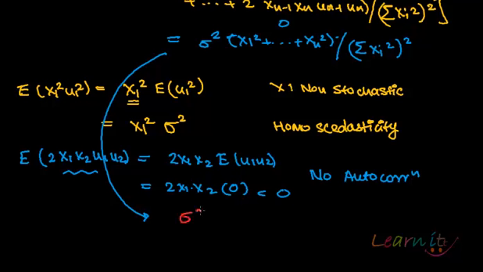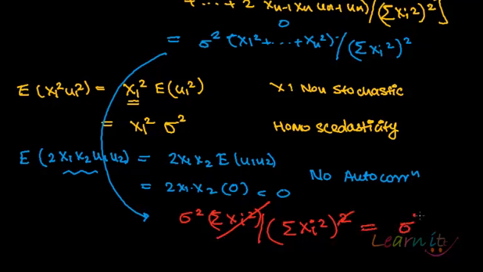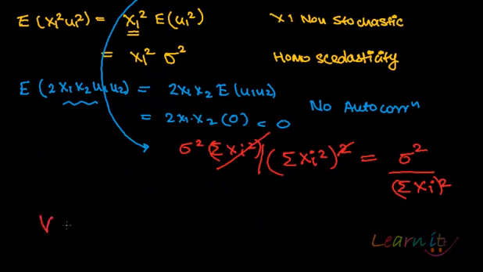This becomes sigma square times (x1 square plus so on plus xn square) as summation of xi square, upon (summation of xi square) square. So this summation of xi square goes off with this square, and this becomes sigma square upon summation of xi square. Clear? So variance of beta 2 hat is basically sigma square upon summation of xi square. This is what you have.